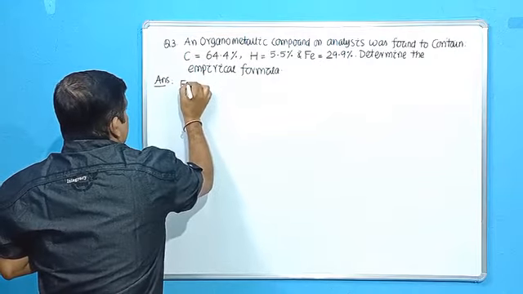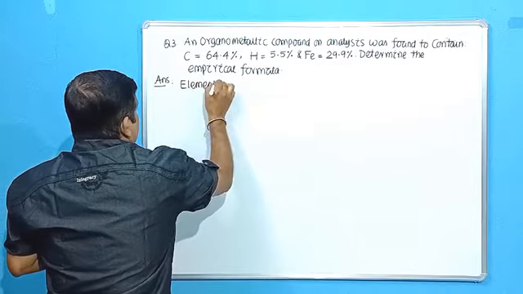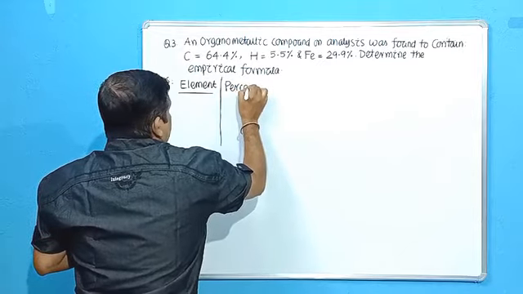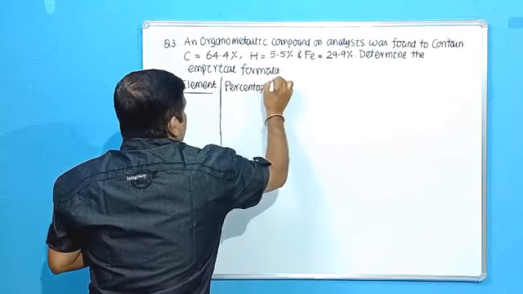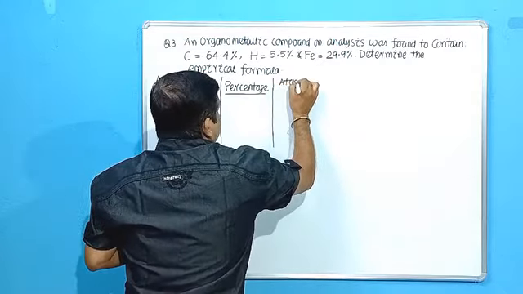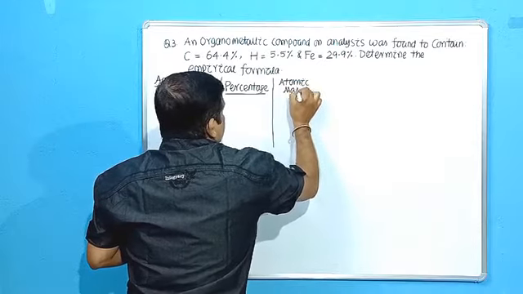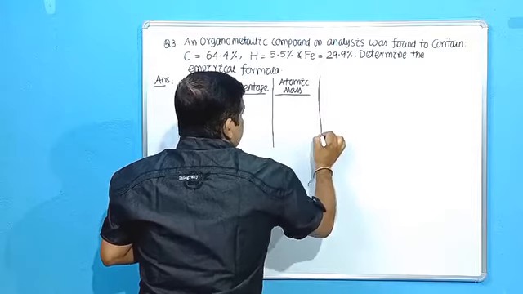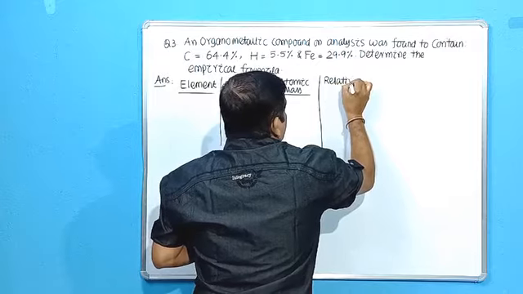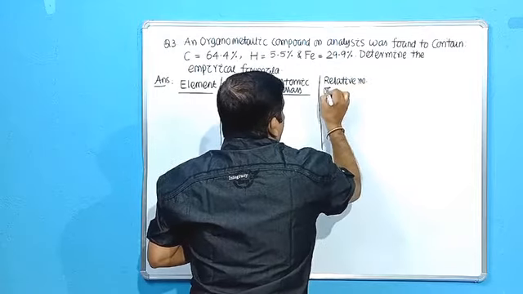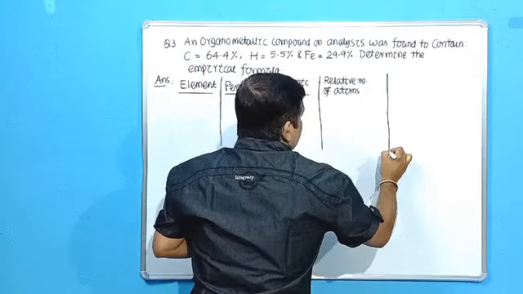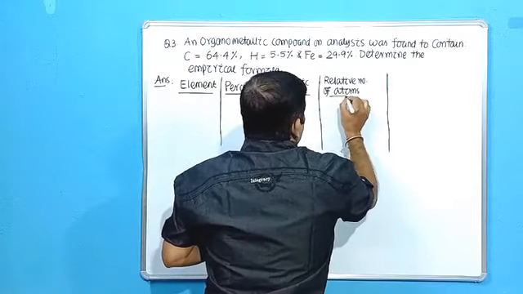First column is for element, then percentage, then atomic mass, then relative number of atoms, that is, now percentage divided by atomic mass.